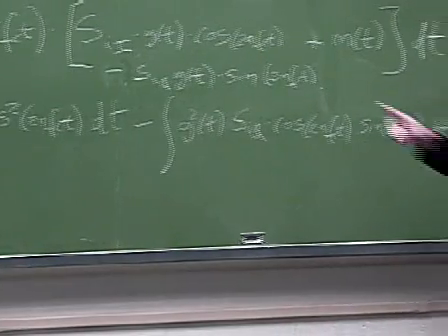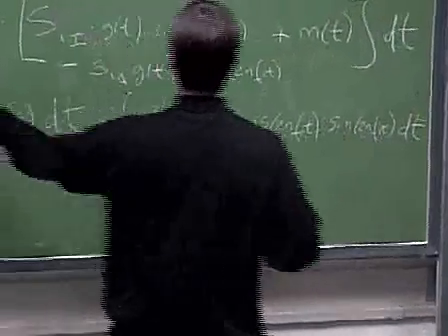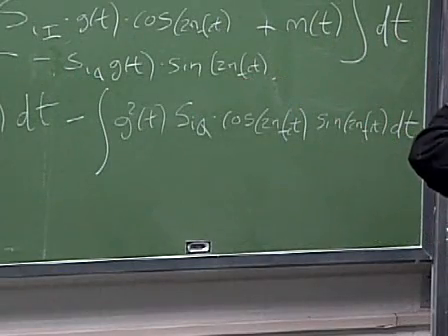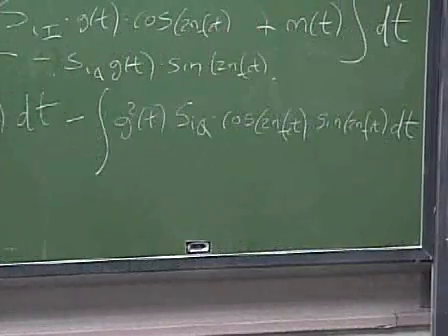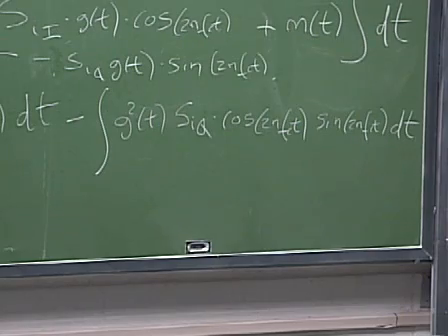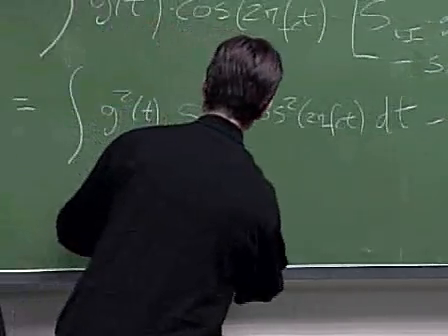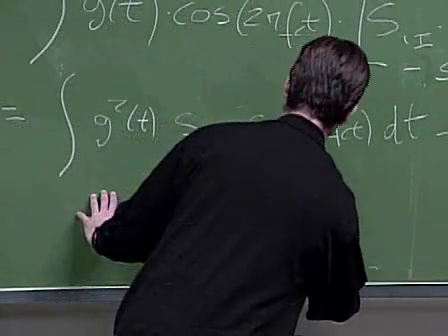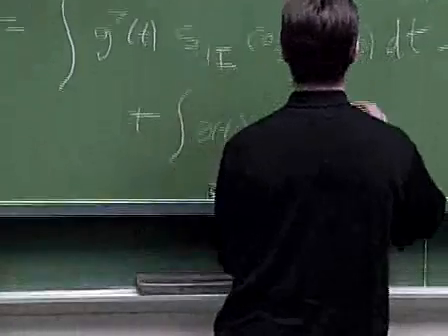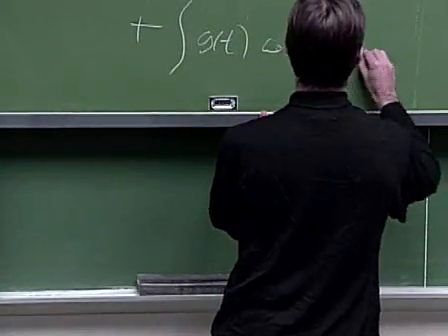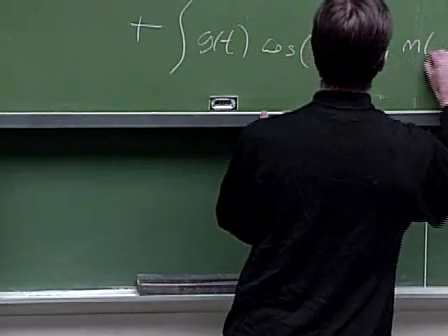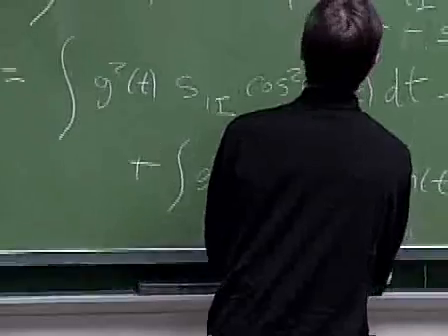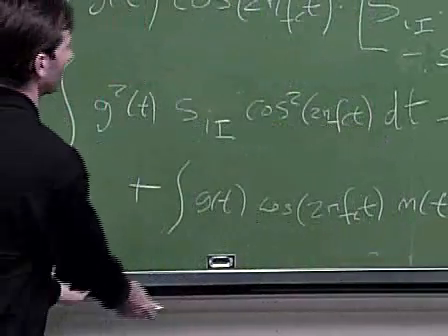So I took this guy times the quadrature component here. And finally there is plus the integral of g of t cosine. Okay, so we end up with these three integrations.